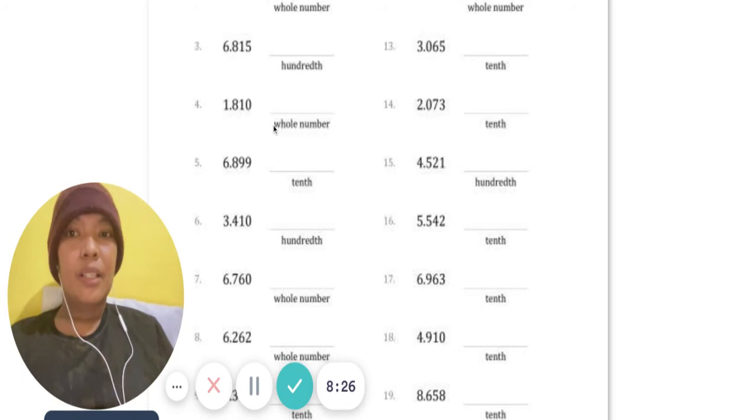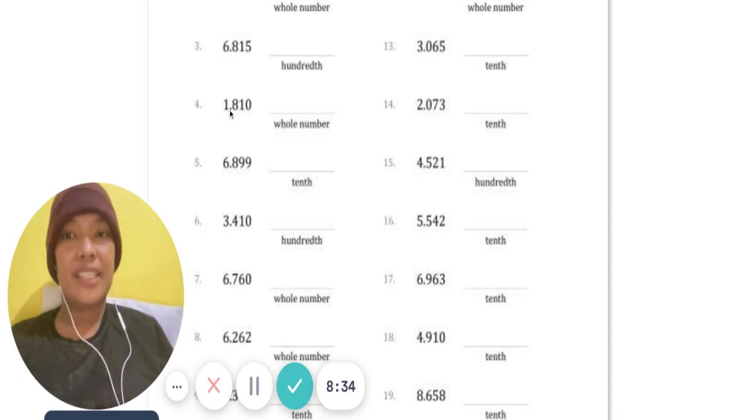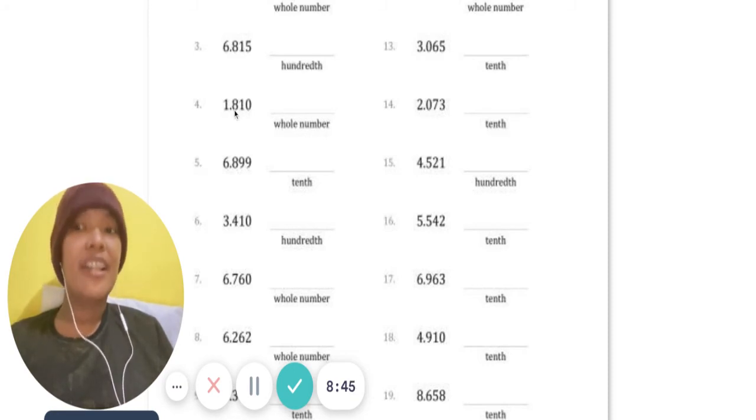Number 4, whole number. Again, whole number. So, saan nga po ang tingin? Pag sinabing whole number and you have this given, you look at the decimal place value. Or the decimal point rather. So, ano yung nasa right? Nasa left, 1. Yung nasa right, 8. 8 is more than 5.